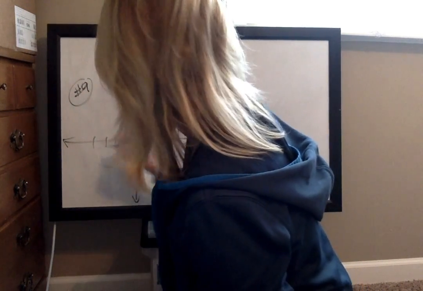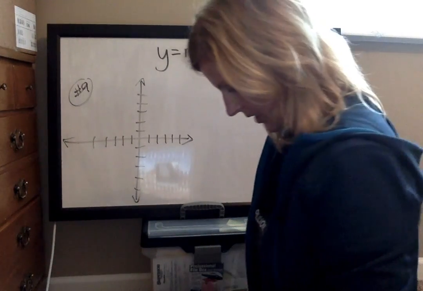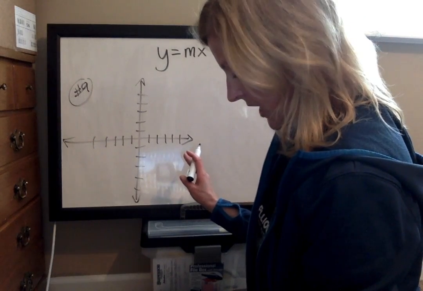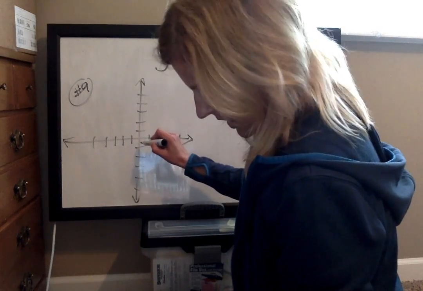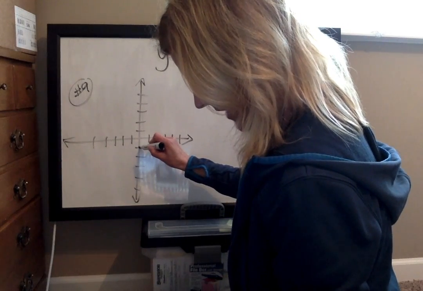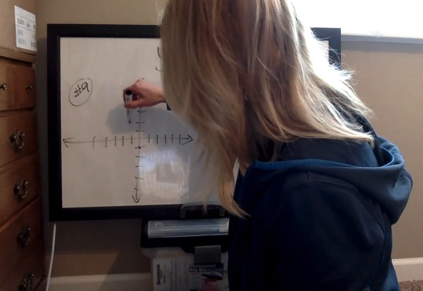I'm not going to write numbers because I'm assuming you guys can count up and down. Okay, so the first line that you are given goes through the y-axis, and it goes up here.